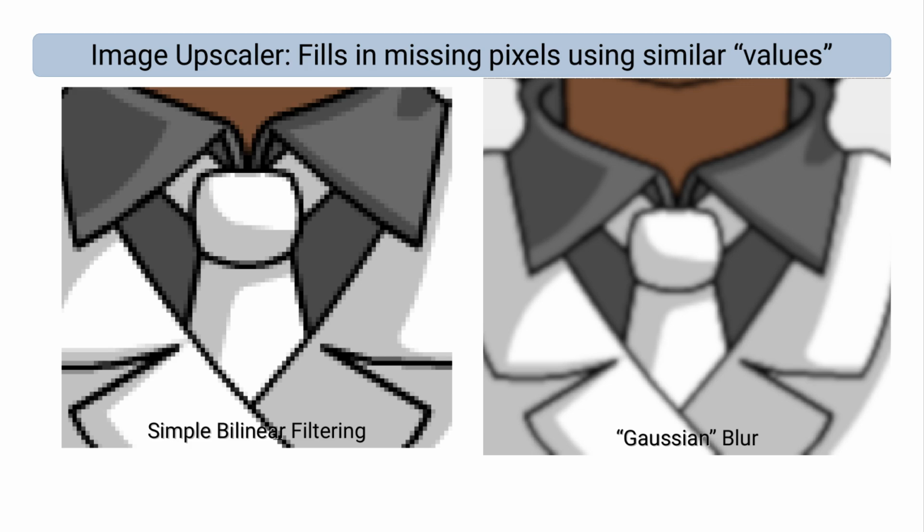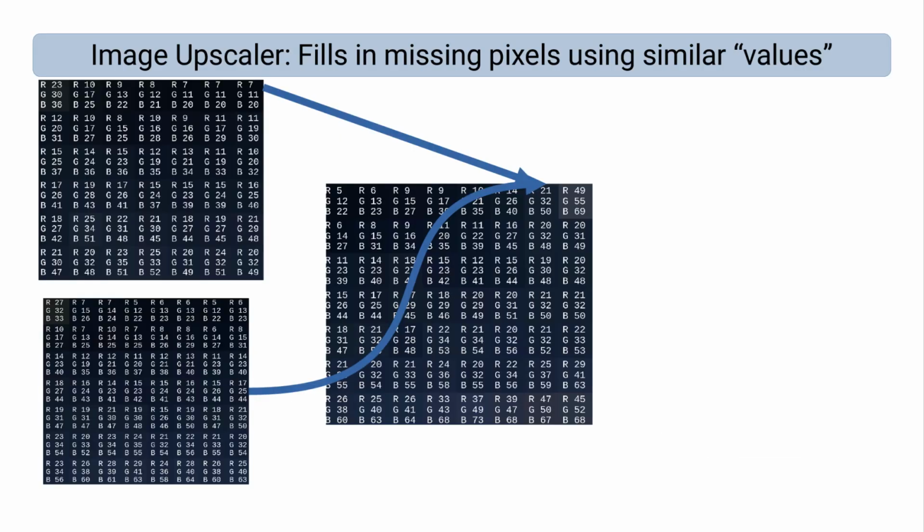But at the end of the day, you're only using the previous image to make the new image. A hot new thing that's been coming out recently is using an AI image upscaler.